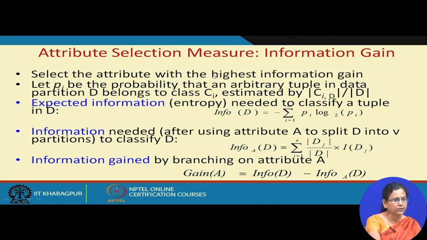The difference between the information content of the original data set and the information content after breaking the data set into components based on a specific attribute gives the information gain. Wherever the information gain is the highest, you choose that.